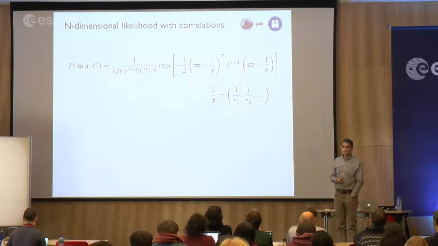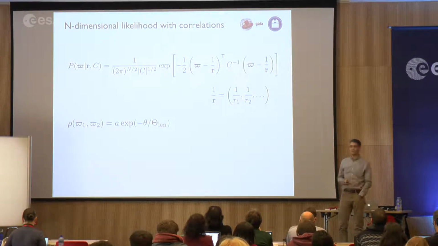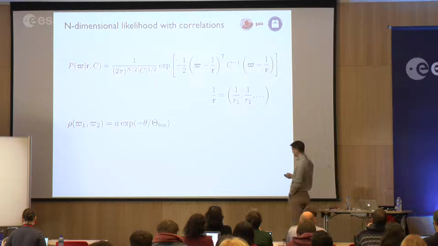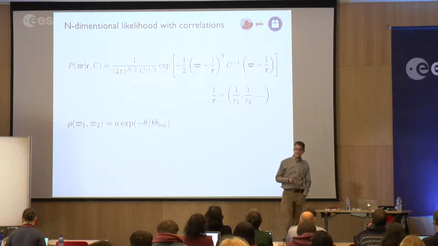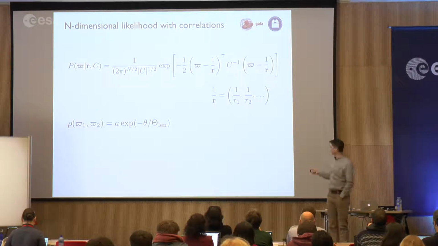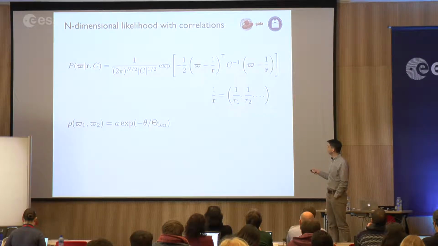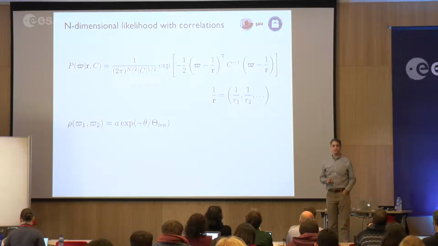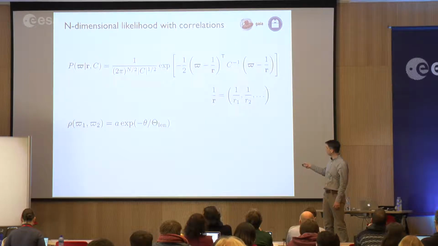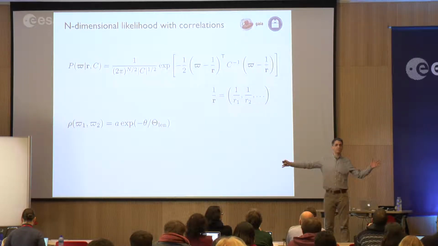And so what I've done in the notebook, you can play with this, is I've just invented a very, very simple model. You can see I'm a great fan of negative exponential functions, because they are nice. They just go down, which is always good. They don't explode. So I'm just assuming that the correlation between any two parallaxes drops exponentially with some length scale, which is going to be on the order of the field of view of the satellite.